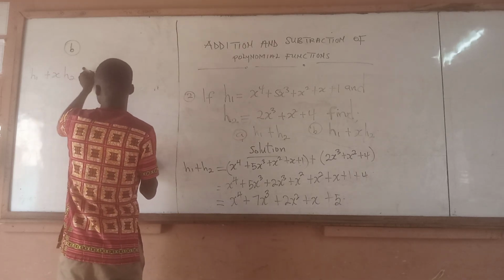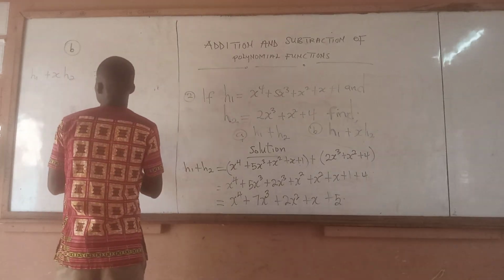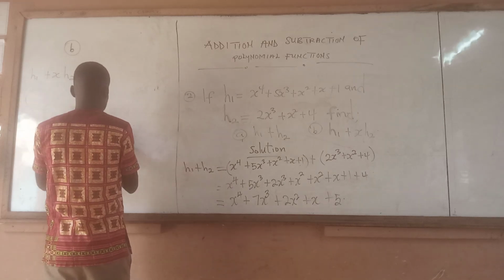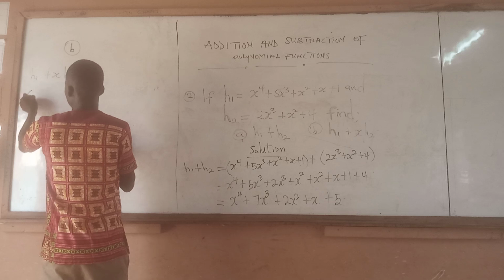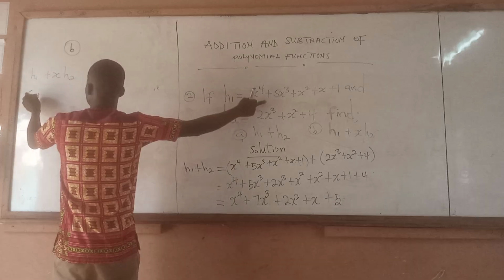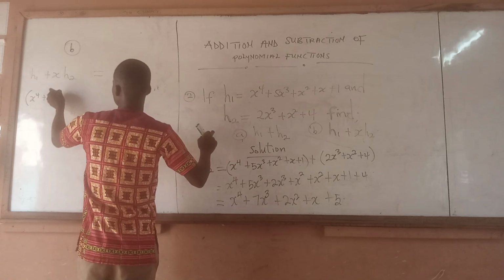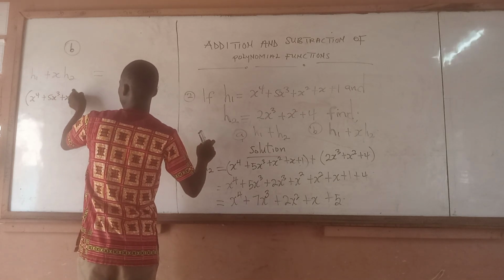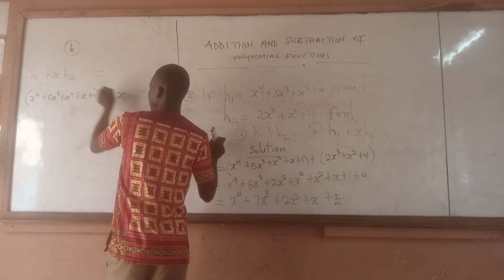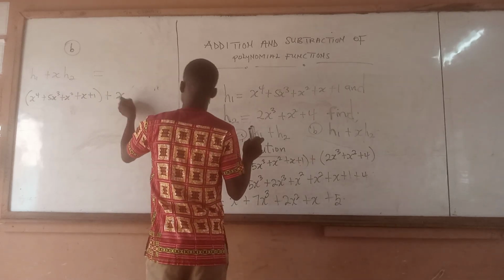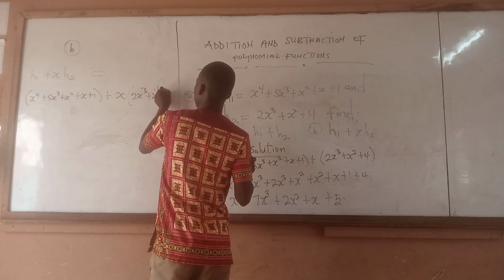So which is equal to h1. h1 is what? h1 is s power 4 plus 5s cubed plus s squared plus s plus 1, plus s times h2. h2 is what? 2s cubed plus s squared plus 4.